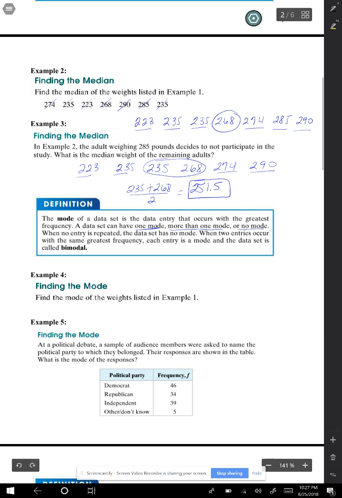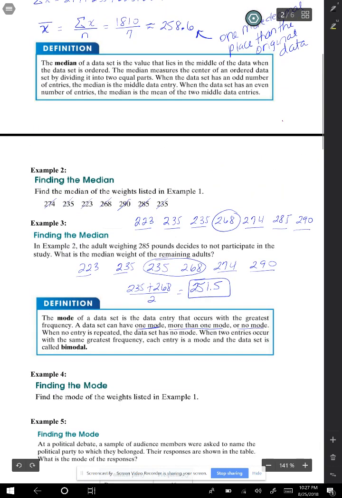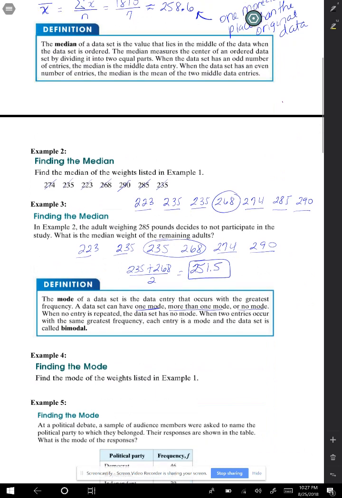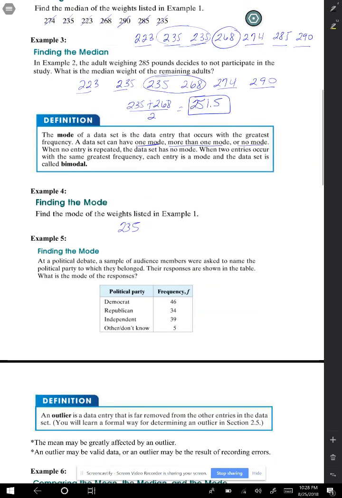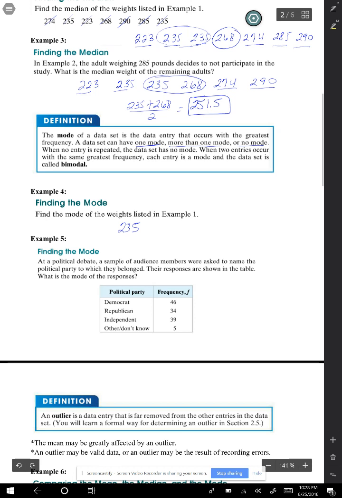So if we look back up at the weights listed in example 1, and again, these were the same ones that we used in example 2, you'll notice that 235 occurred twice. So the mode would be 235 because it occurred with greater frequency than any others. If you're looking at a frequency table, the mode is even easier to find.